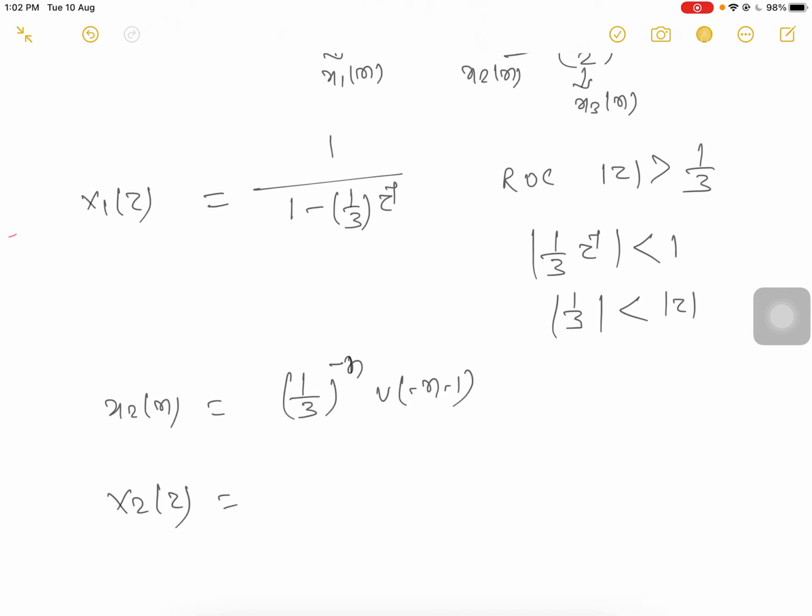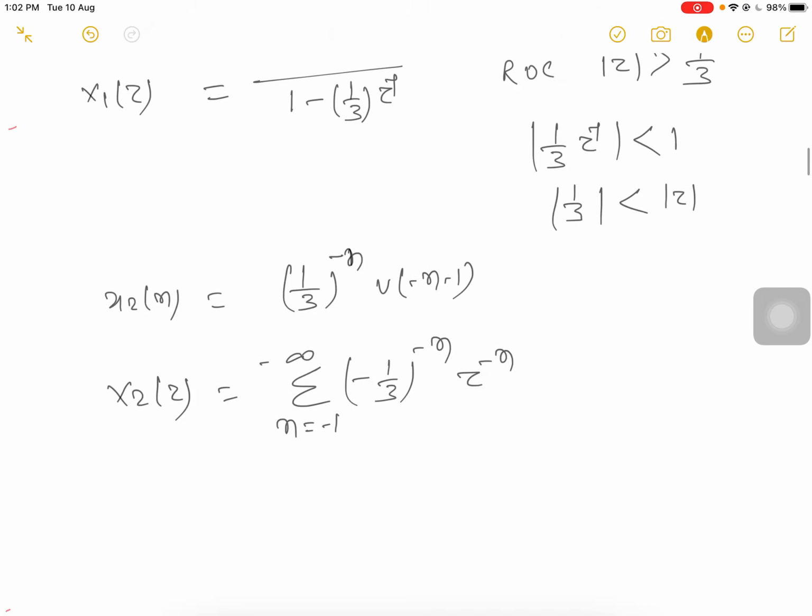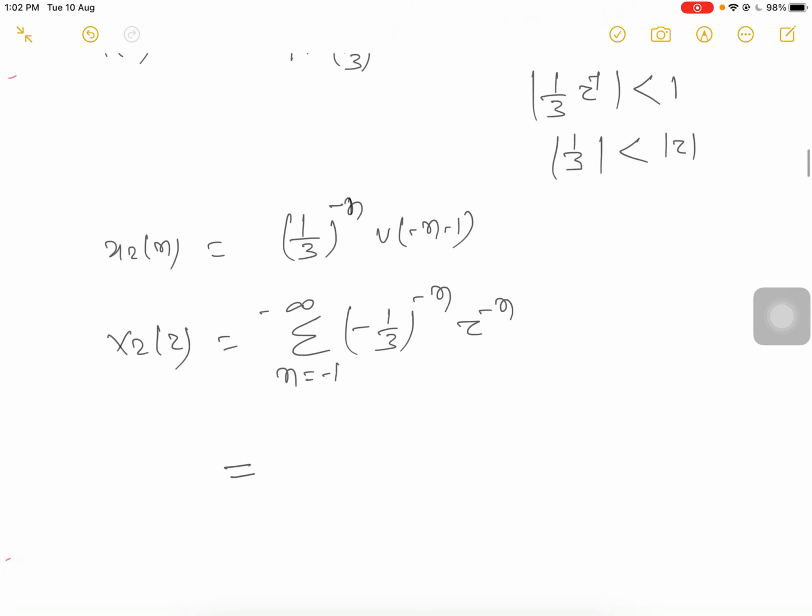And x2(z) will be the sum for n from -1 to minus infinity of (1/3)^(-n) z^(-n). Sorry, this one is plus; it will be plus (1/3) to the power n.